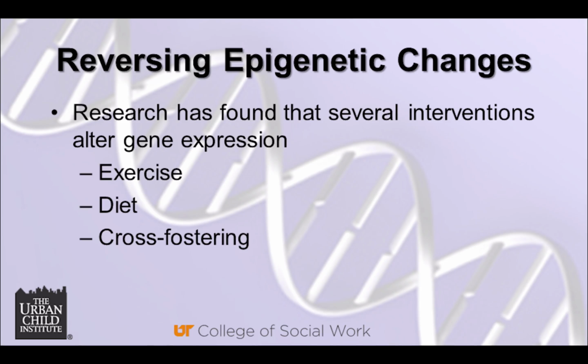These changes actually show up in individuals' metabolisms. Diet has big changes. Some interventions have shown that the elderly, when they get adequate levels of folate, have much better cognitive functioning, and it's because of changes in various genes due to the better methylation. Finally, cross-fostering research has shown some serious and important effects of parenting and its effect on individuals.